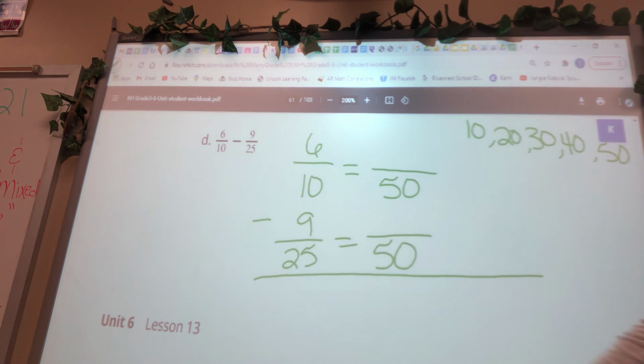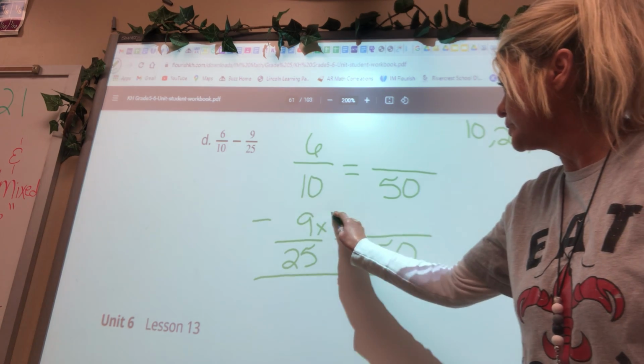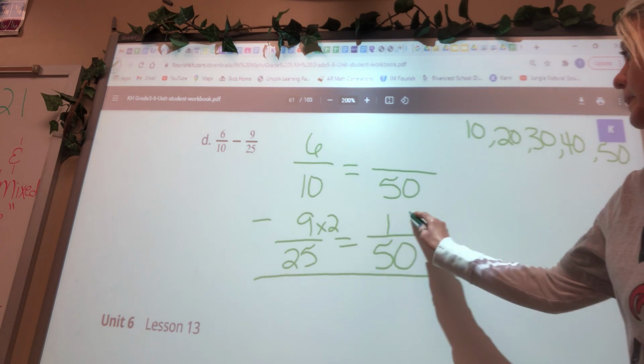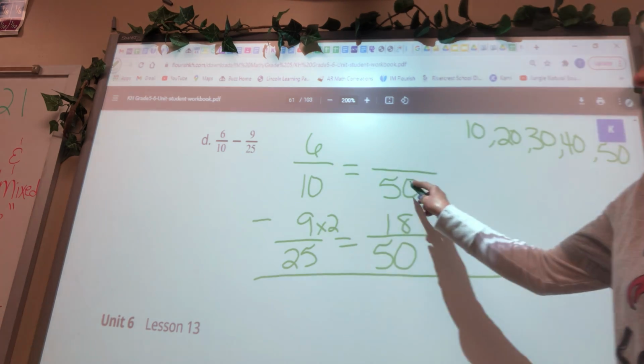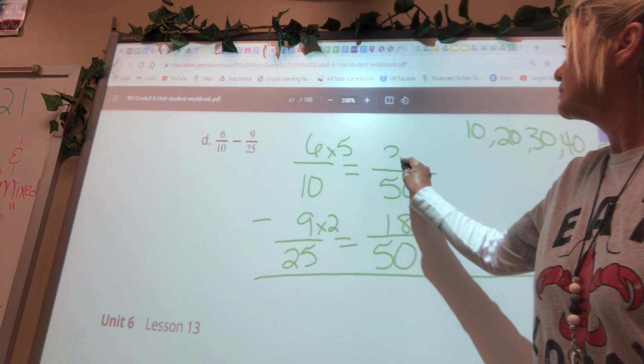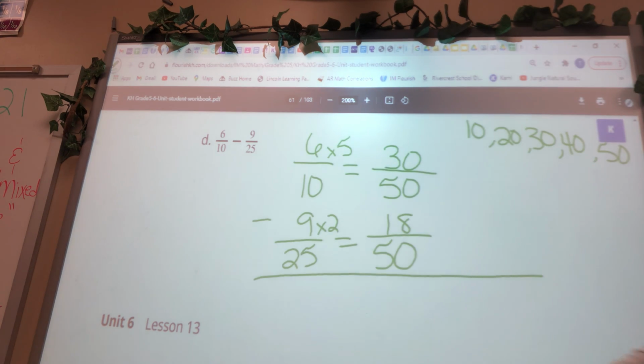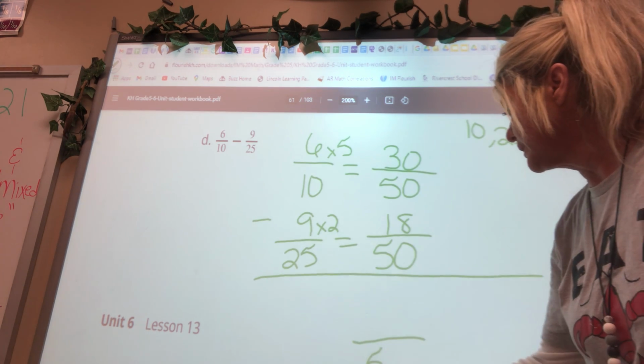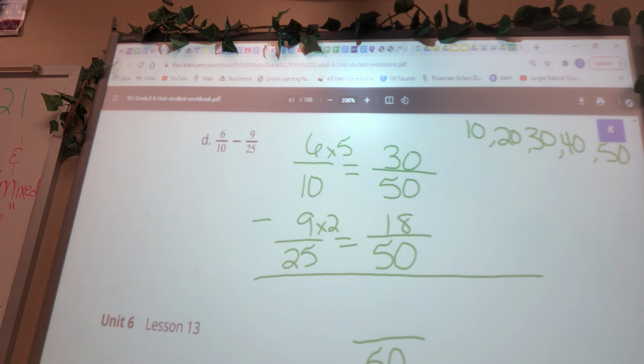All right. What would I have to do to 25 to get 50? Okay, so I have to do it here. 18. What would I have to do to 10 to get 50? Times 5. So I have to do it here. 30. I'm subtracting, so I keep my common denominator.